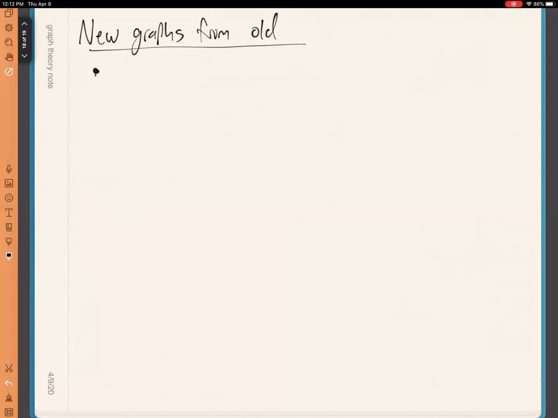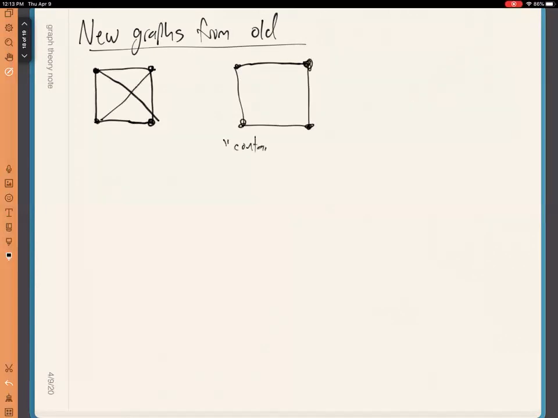So for example, let's say I have the complete graph on 4 vertices, which is K4. So it looks like this. Well, if I just look at the graph where I just draw the square, there's some sense in which this is contained in the first. So this is somehow contained in K4, because if I just delete the X in the middle, I get this graph.